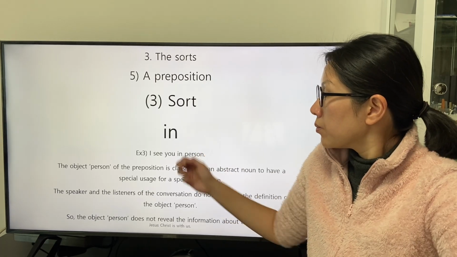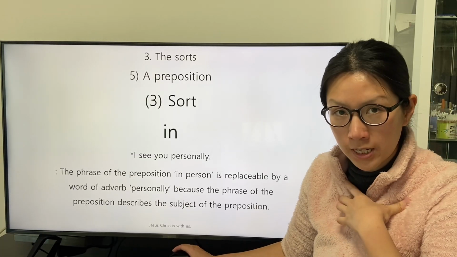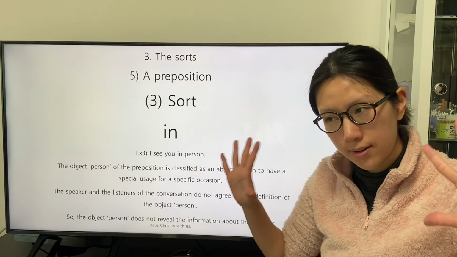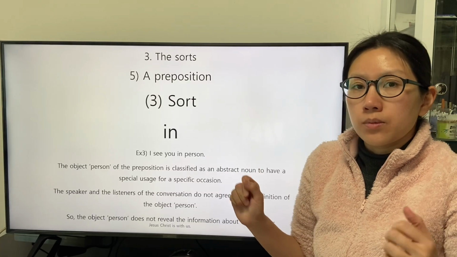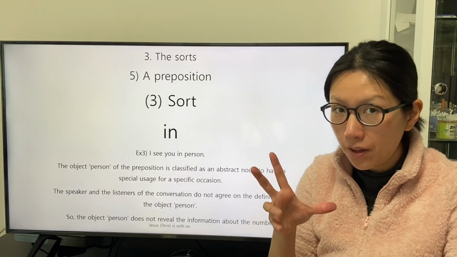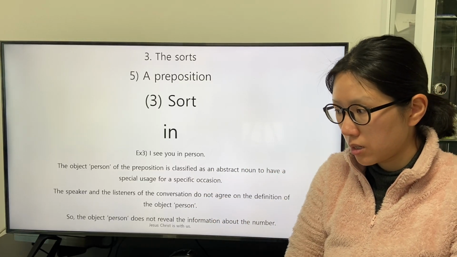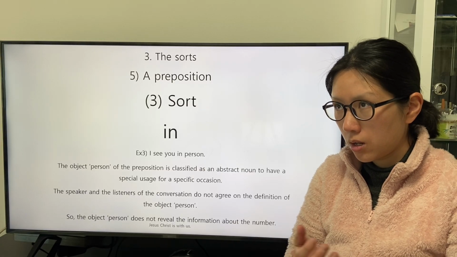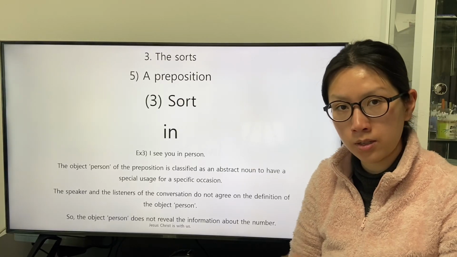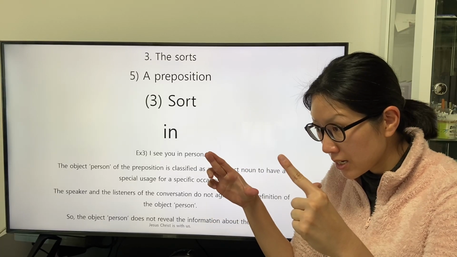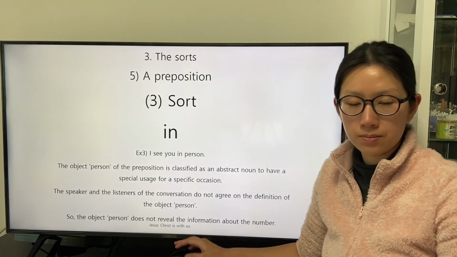So we can understand the speakers who have agreed on the linguistic agreement on setting the preposition and the object of the preposition as a unit.